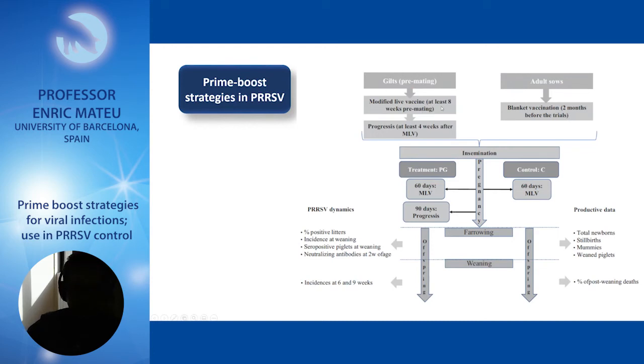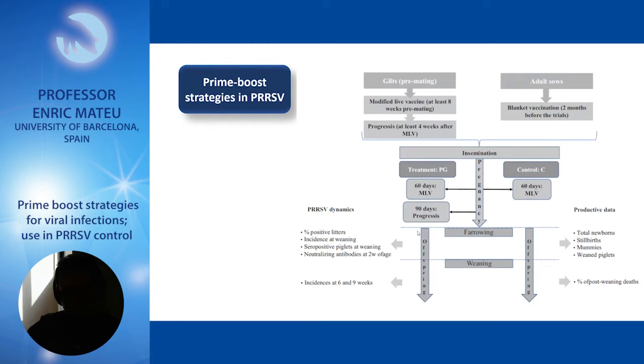For the gilts, we administer a modified live vaccine, and then we administer 1 dose of inactivated vaccine 4 weeks after the MLV. After insemination, sows were vaccinated again at 60 days of gestation with an MLV, and 1 group was administered the inactivated vaccine at 109 days of gestation, just before farrowing, with the idea of boosting the sow in this critical period.